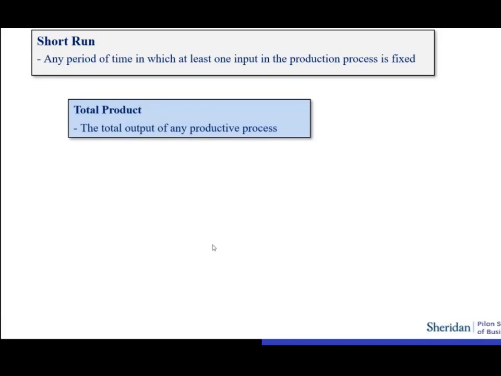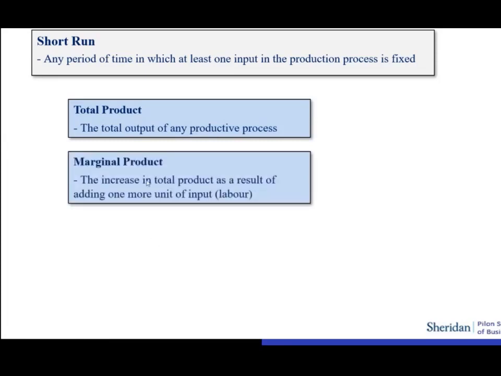Now, total product would just be the total output of any productive process. So we could think of the total number of meals served in our restaurant. Usually there's some time element to that. Marginal product is the amount of production, so maybe the extra amount of meals we can get at a restaurant by hiring an extra unit of labor. Well, in general, it's any input, but we'll just talk about labor.